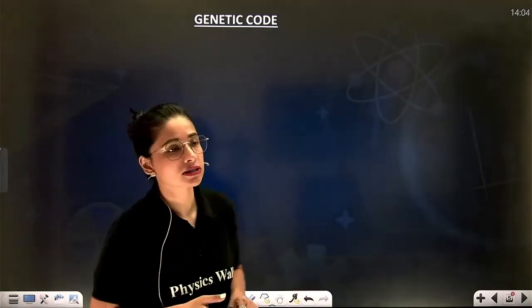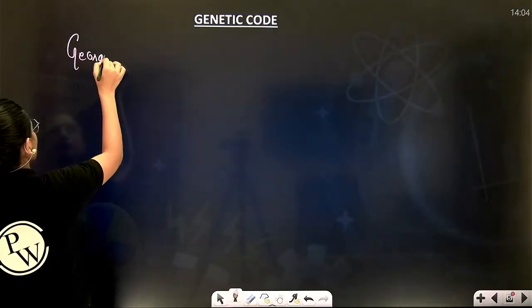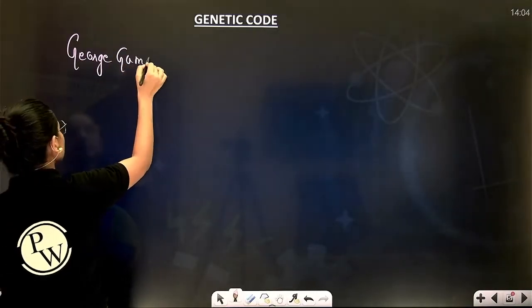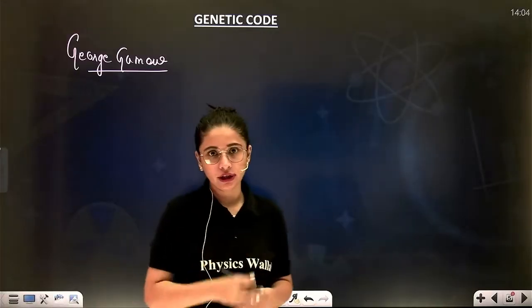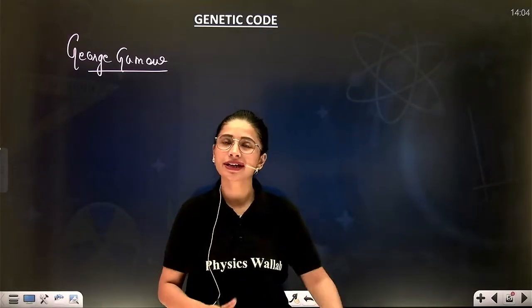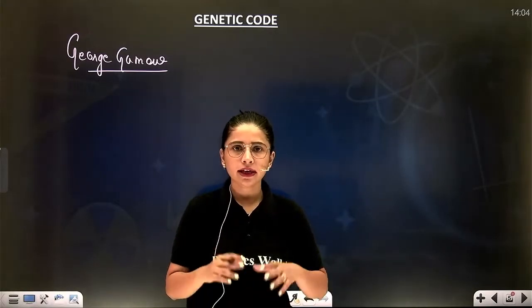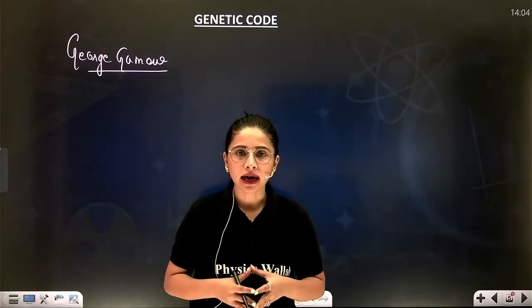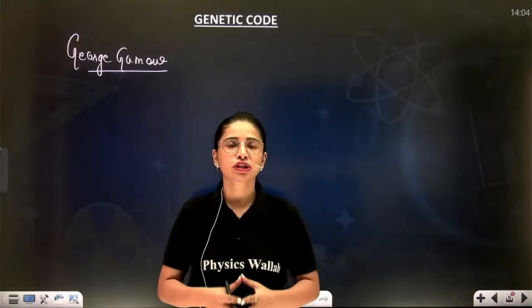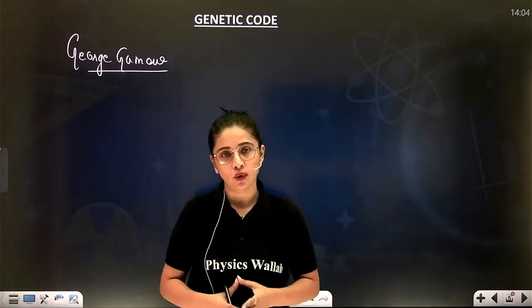First of all, the concept of genetic code was explained by scientist George Gamow. He was a mathematician. He used to deal with mathematical tools and mathematical operations. So basically, he used the concept of combination and permutation to understand the messages which are carried on the mRNA, and that was called genetic code.